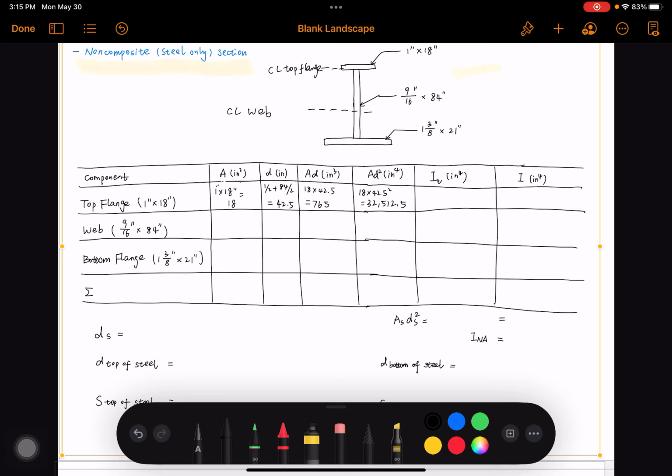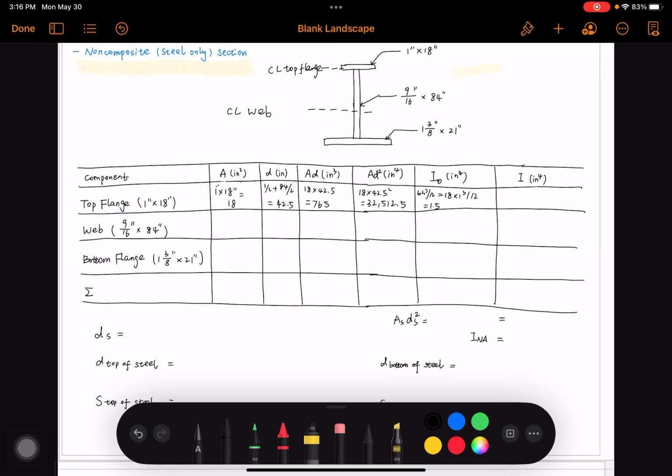And I naught here is the moment of inertia of the top flange about its own neutral axis, which is bh cubed divided by 12, equal to 18 inches times 1 inch cubed divided by 12, equal to 1.5 inches to the fourth power.